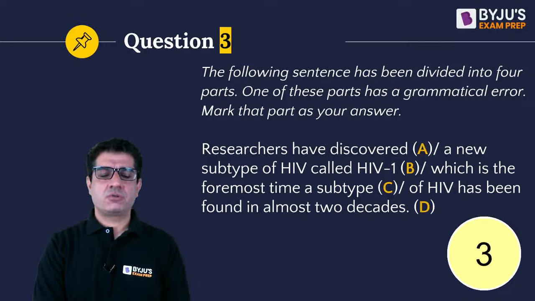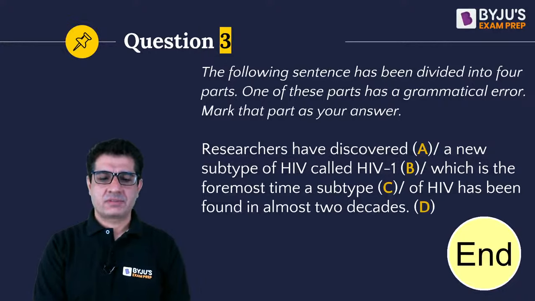Let us see what you give as your answer. So, researchers have discovered a new subtype of HIV called HIV-1, which is the foremost time a subtype.